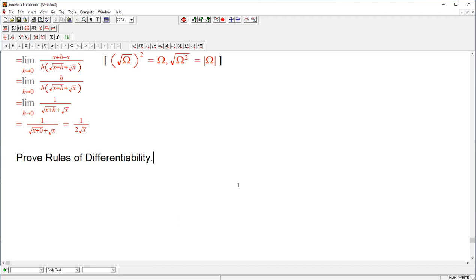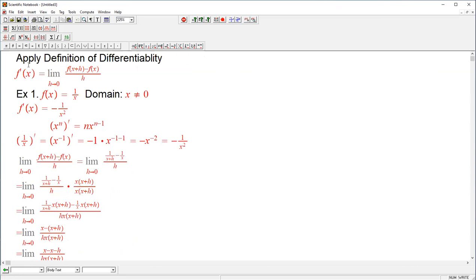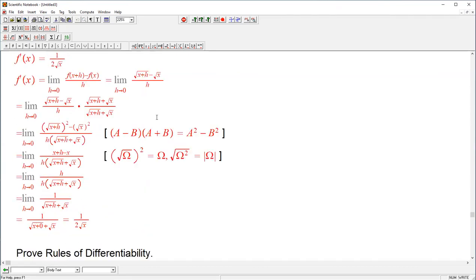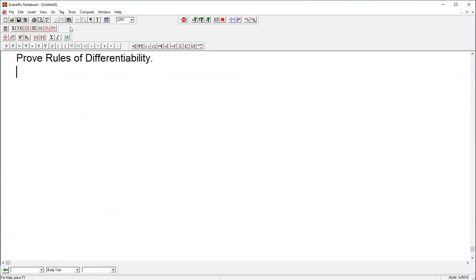We are doing this for a couple of reasons. One reason is that we're going to apply the definition of differentiability. So we would think of applying the definition of differentiability. That's number one. Number two, improve our algebraic skill.